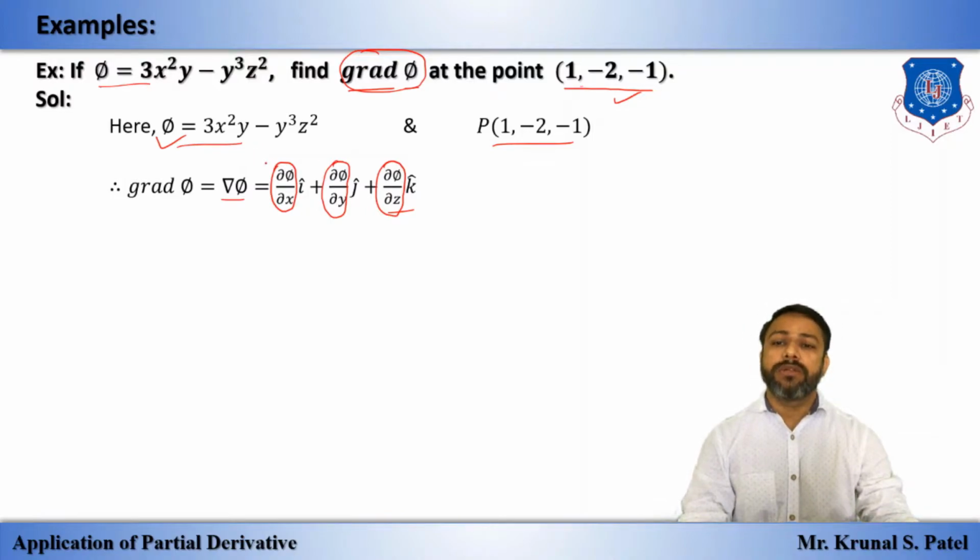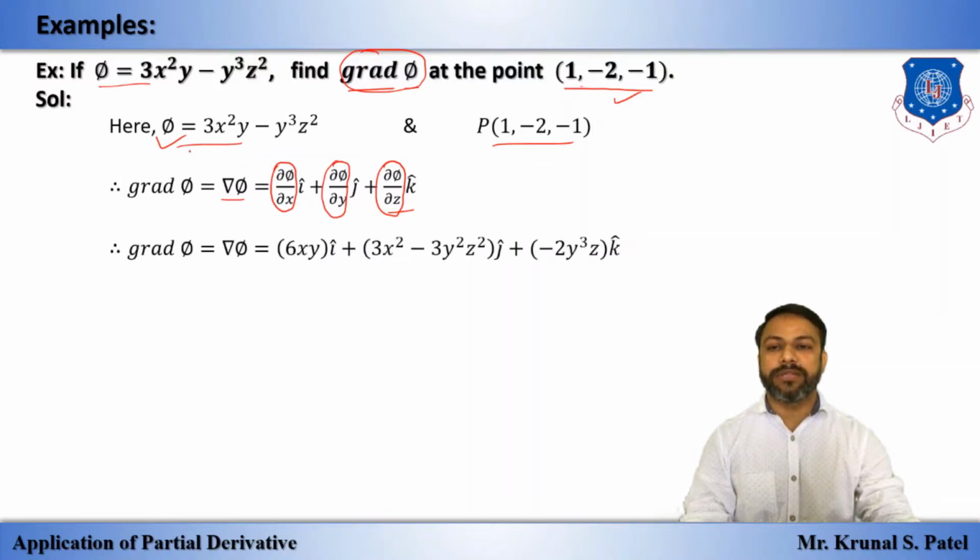Now we will find the derivative of phi with respect to x. In the first term, 3 is constant, y is constant, and the differentiation of x square is 2x. So we have 6xy, and the differentiation of y cube z square becomes 0. So we have 6xy only. Now in the same way, with respect to y, the first term contains y, so 3x square is constant and the differentiation of y is 1, minus the differentiation of y cube, which is 3y square, and z square is constant.